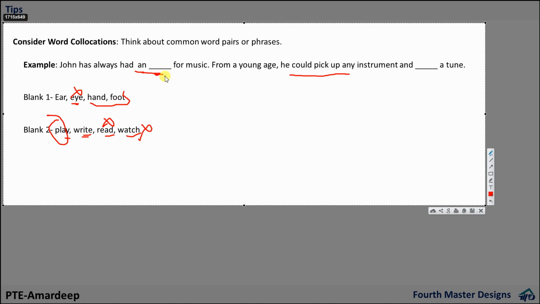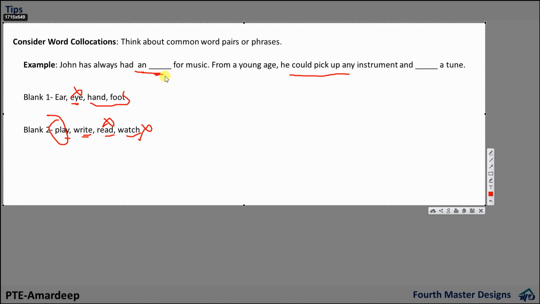Okay, so I selected play based on the context. Like you are taking any musical instrument, what will you do? You will say, okay, I produce it, or I can also do it. It means you can also do something similar: play a tune. But play a tune is another common expression.